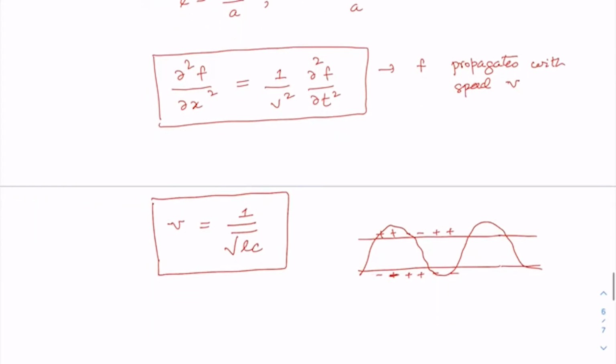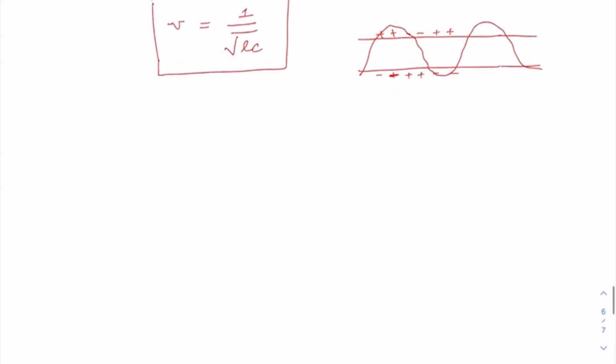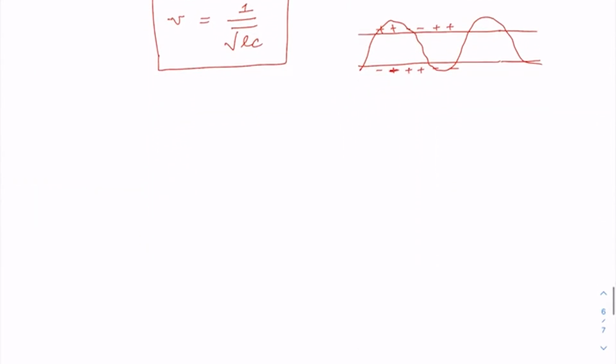But before we actually do that, let us see how we can quantize the LC circuit or LC oscillator, which is the basic building block of a transmission line. So the topic that we are now going to discuss is quantization of the LC circuit, and this is going to prepare you for the bigger thing, that is the quantization of the transmission line, which we are going to discuss next.